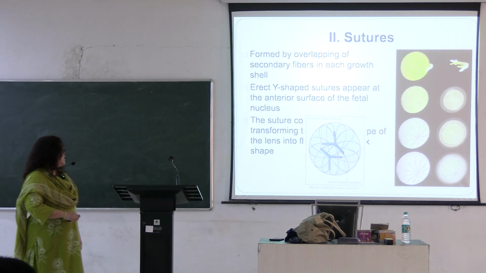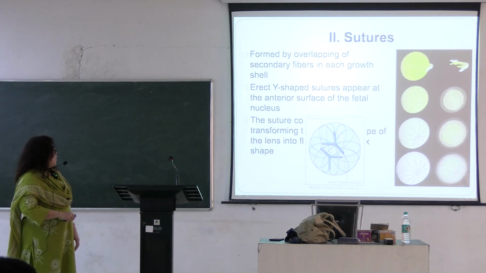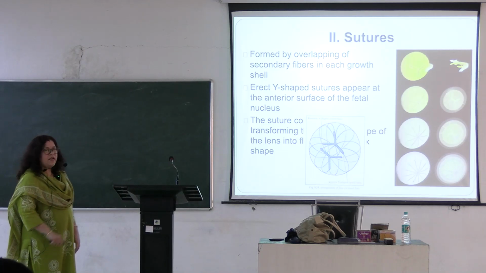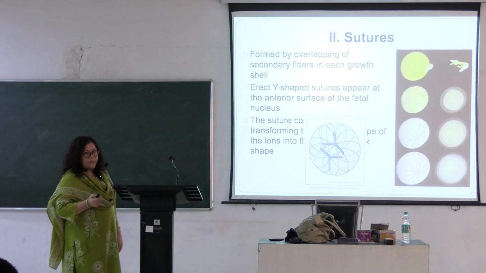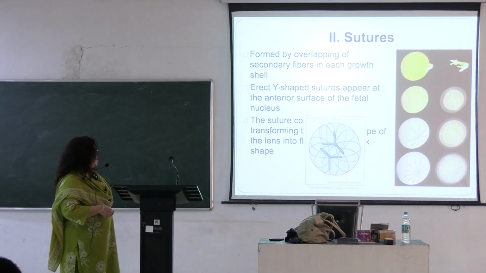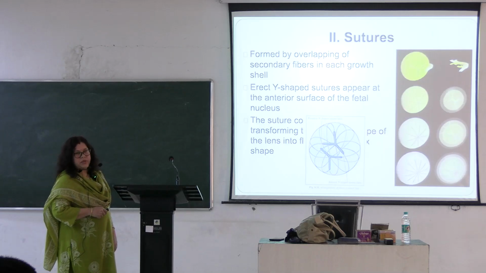Anteriorly it is seen in the Y shape, and posteriorly where the fibers are overlapping, they form the inverted Y structure. That's why in embryonic congenital cataract, some cataracts appear in the Y form, that is called sutural cataract.